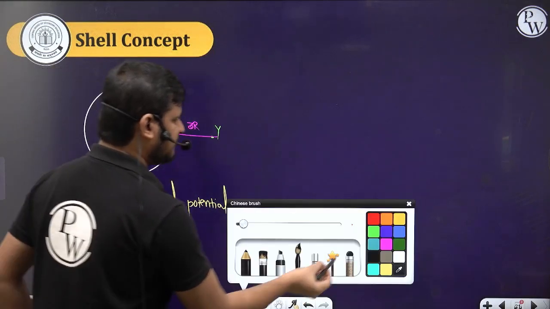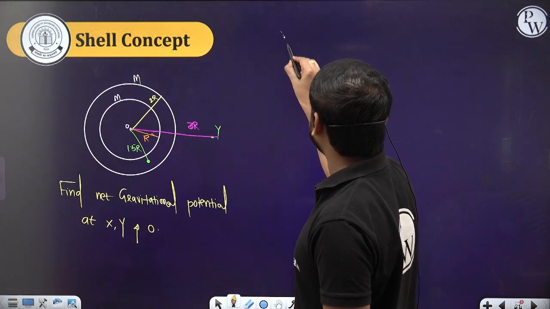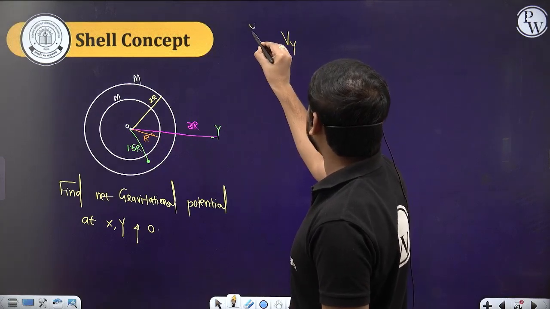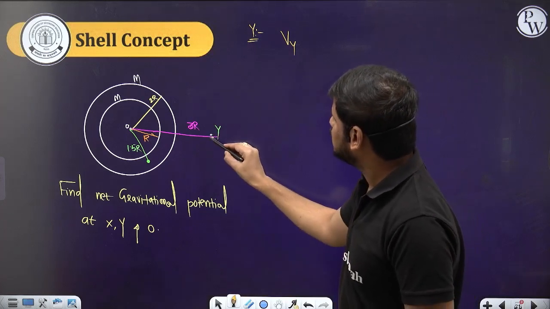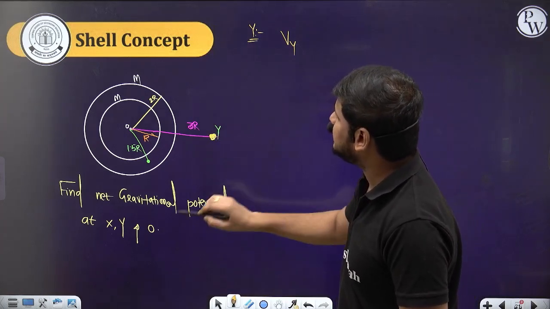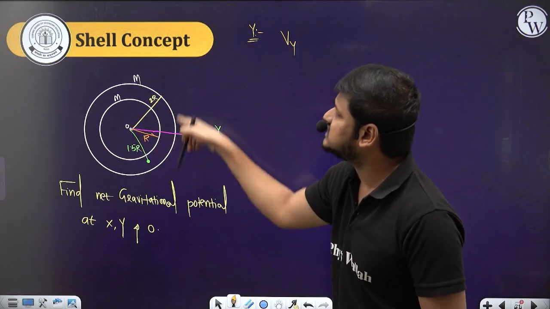So first let's find the net potential at the outside point y. Here the potential will be there due to the first shell and the second shell.